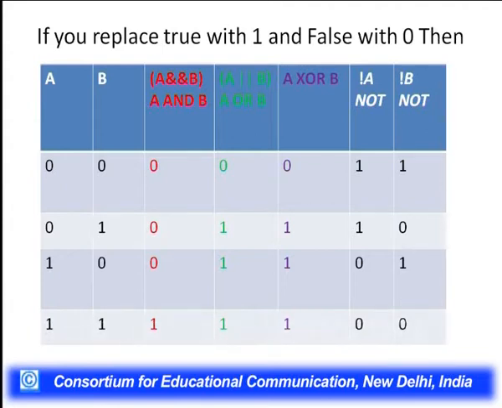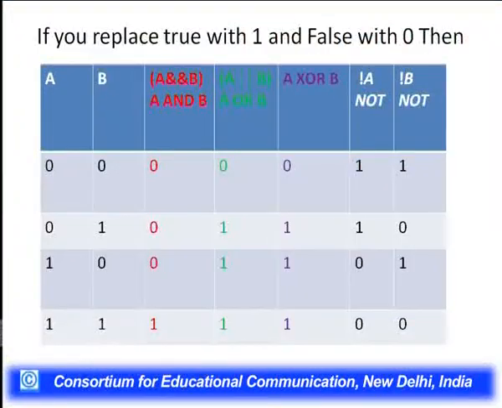And in the same case, applying XOR, the result will be 1, and in the NOT case, if A is 1, then NOT A is 0, and B is 0, then NOT B is 1. Now consider both inputs are 1, 1. Applying the AND operator, the result will be 1.